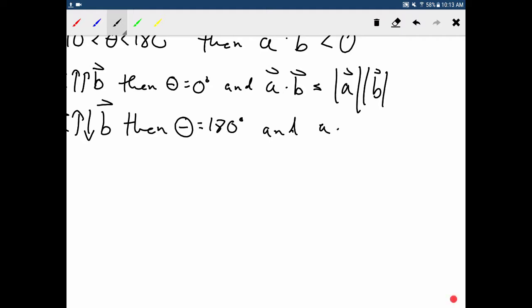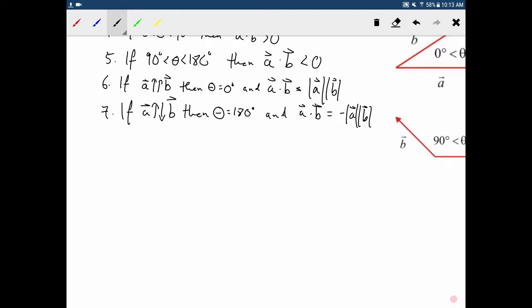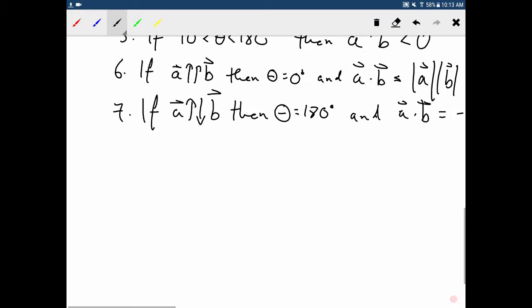So the dot product would be equal to negative the product of the magnitudes. There we go. Almost there.